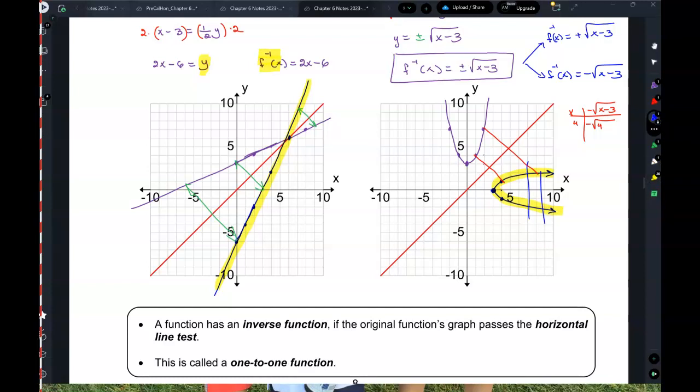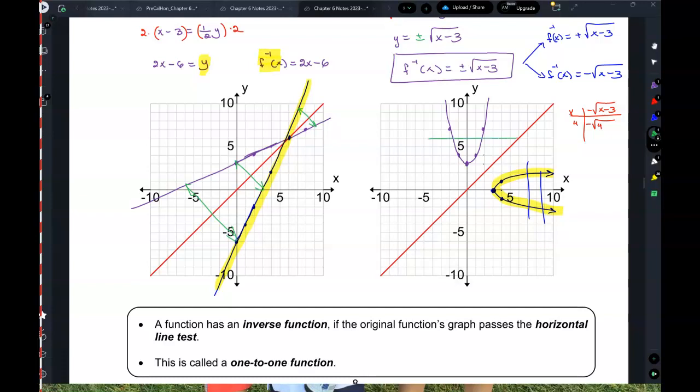Now, it turns out if I have the original function, I can actually figure out if its inverse is going to be a function. You know how? Look at this original parabola. I can do a horizontal line test. So let's draw a horizontal line.